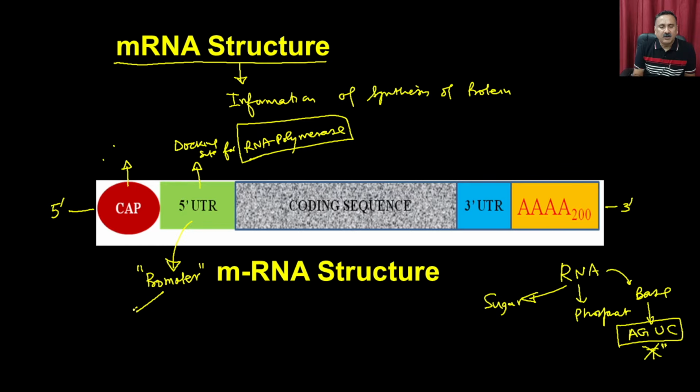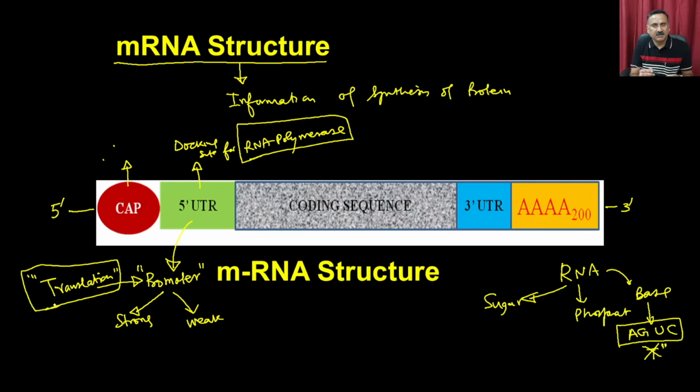A promoter can be a strong promoter or a weak promoter. Promoters provide a docking site for the translation initiation site, and allow the sitting of the RNA polymerase.